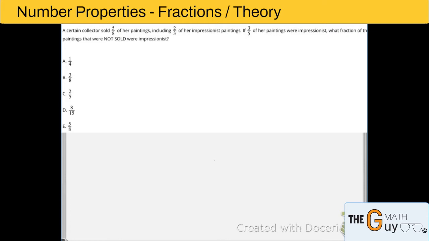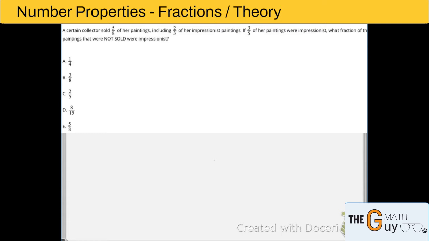A certain collector sold 5/8 of her paintings. So she sold 5/8. Now there are two approaches I can take. At this point I have not even read the whole question, I'm just reading as I'm talking to you. A certain collector sold 5/8 of her paintings. I can either deal with it in fractions, or I can convert this into percentage, because I love percentage.